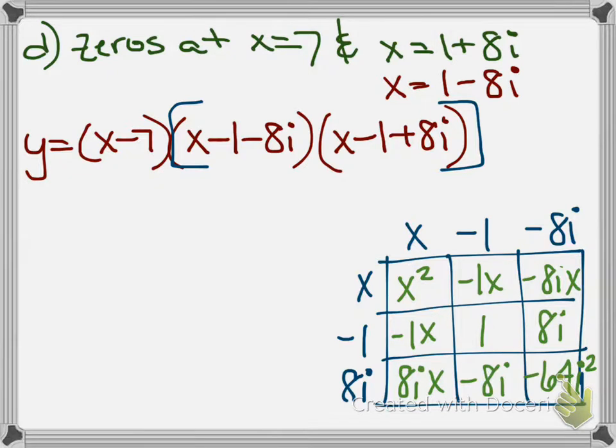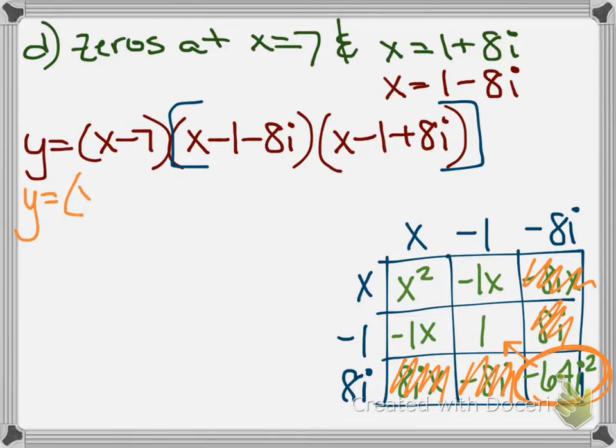You notice the pattern here, I hope, at this point, that our ix terms cancel, the negative 8ix and positive 8ix, and the i terms also cancel, the positive 8i and the negative 8i. Then the i squared changes to negative 1, which makes that negative number positive. So I end up adding that to this number here, and that's how I get my simplified version.